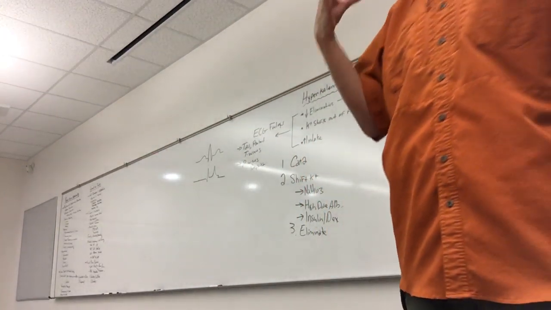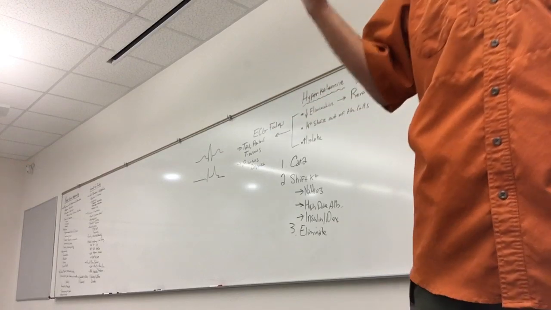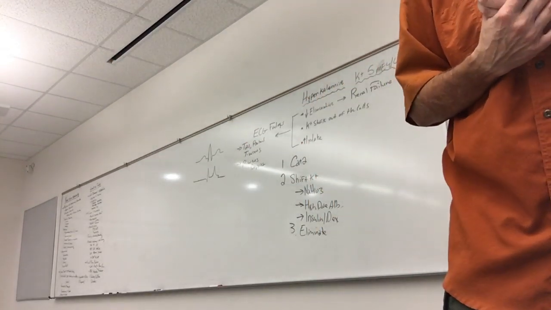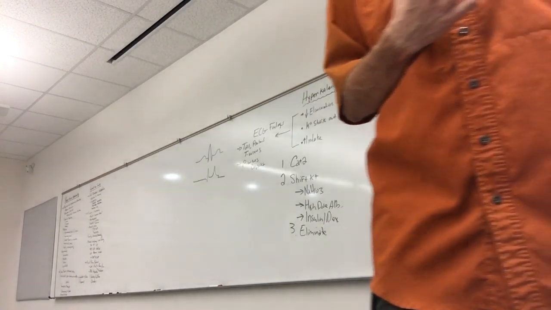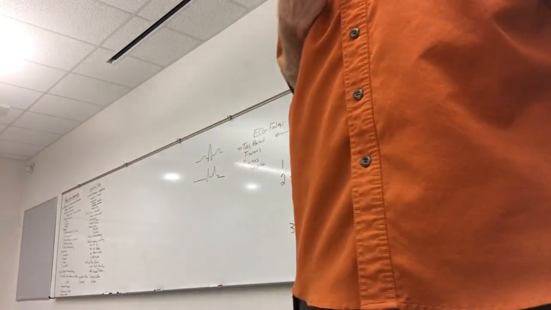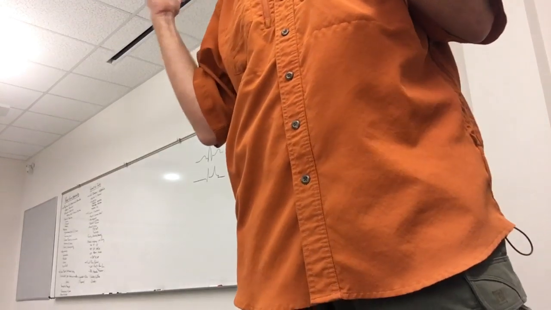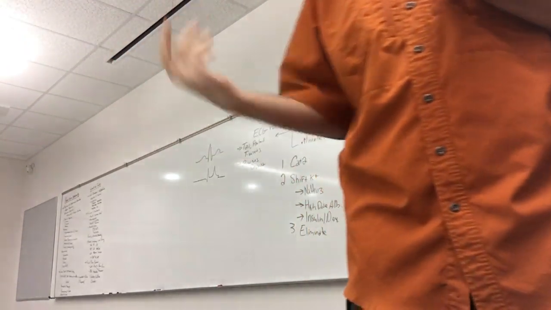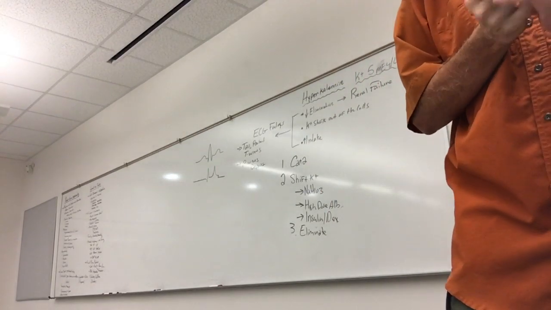Anything that can stimulate lots of beta receptors, so your sympathomimetics, could potentially cause hypokalemia. You can also lose too much in the kidneys, right, renal loss. So you put somebody on a loop diuretic, for example, they can pee off their potassium.